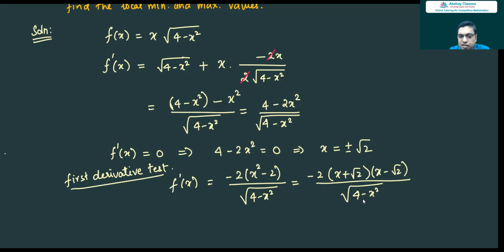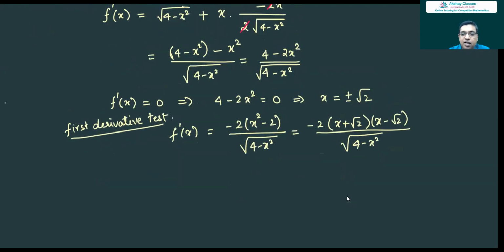We can very clearly see that. So the denominator exists, so we don't have a problem, and it is positive. So it does not contribute to the sign change. The factors that change sign across the critical points x equal to minus root 2 and x equal to plus root 2 are these two factors.